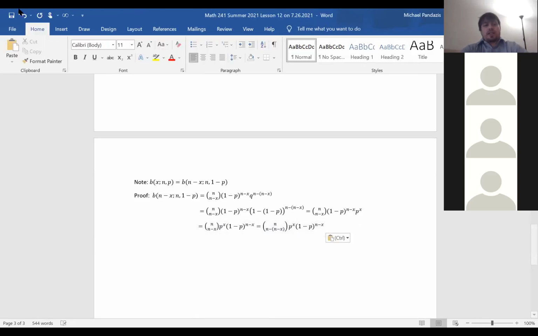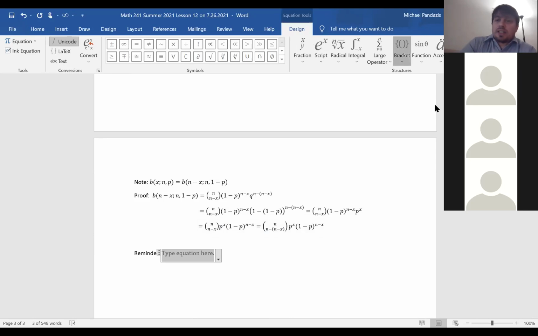Okay, and so why is n choose n minus x the same as n choose x? Because I remind you that I mentioned that if you have, let's say, n choose k, this is equal to n choose n minus k.